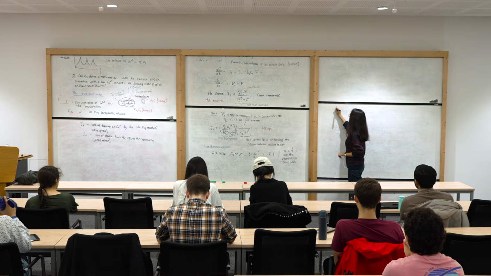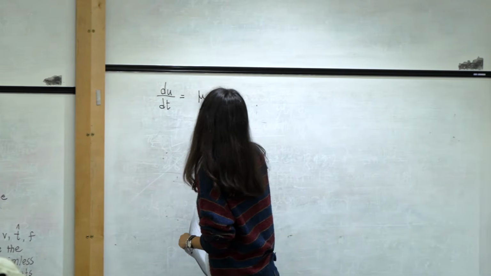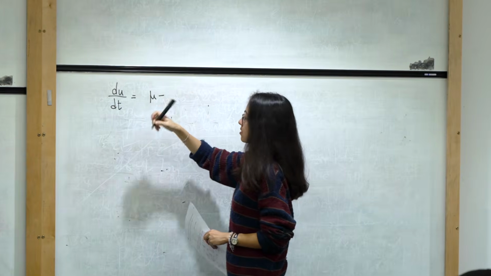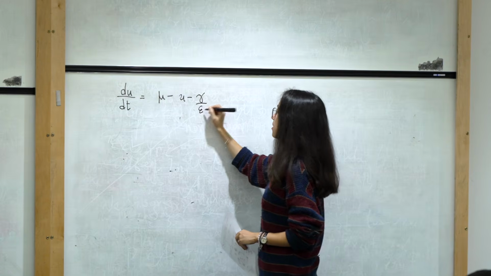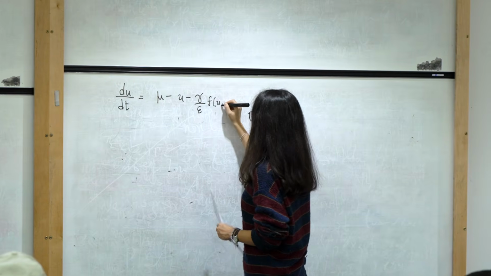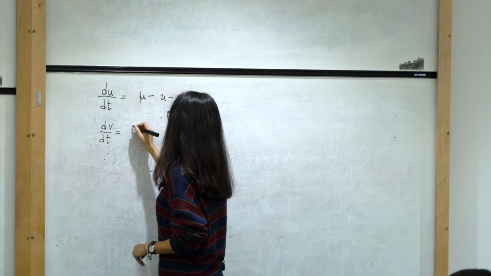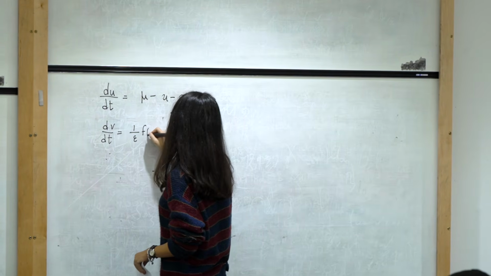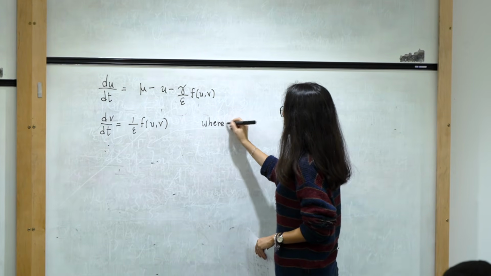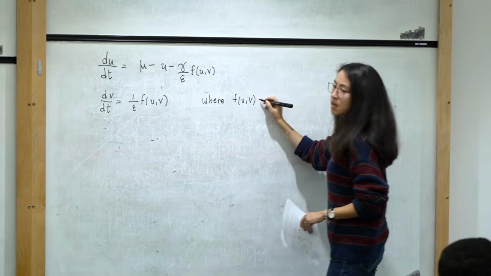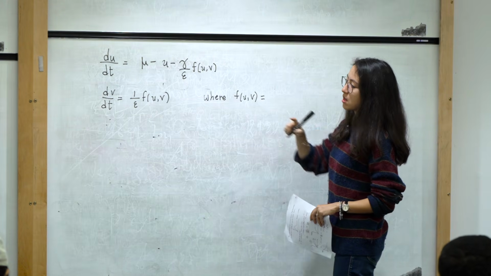So I will have du dt is equal to mu. The mu will be some combination of the constants that we have there that I will define, minus u gamma over epsilon, and then I have f of u comma v. And the dv dt is going to be just 1 over epsilon f of u v, where this f function is some combination of powers that involve the n and the m in the Hill equation.